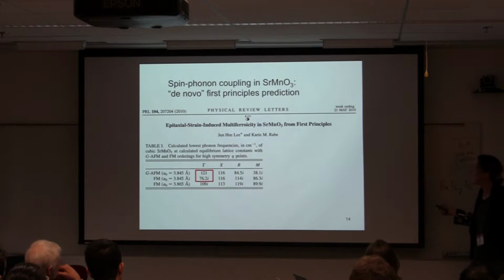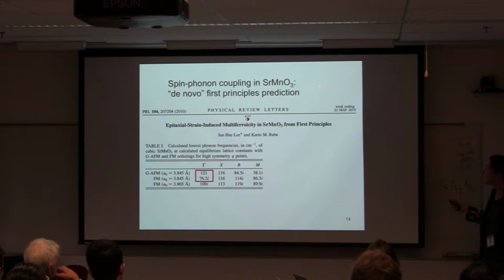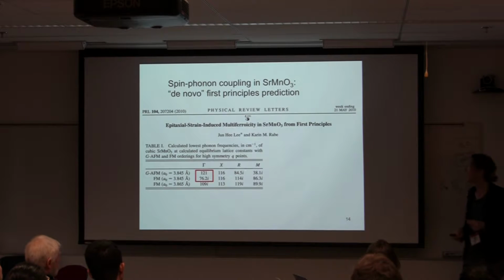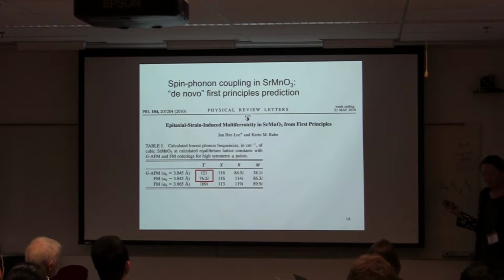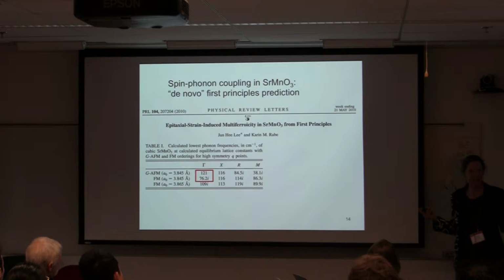A more recent example is work that we did in my group on spin phonon coupling in strontium manganite, which is a magnetic perovskite. We were actually looking at epitaxial strain and the effect on the phase diagram. But in the course of that, we came up with what for us was a startling observation, which had not been previously discussed.